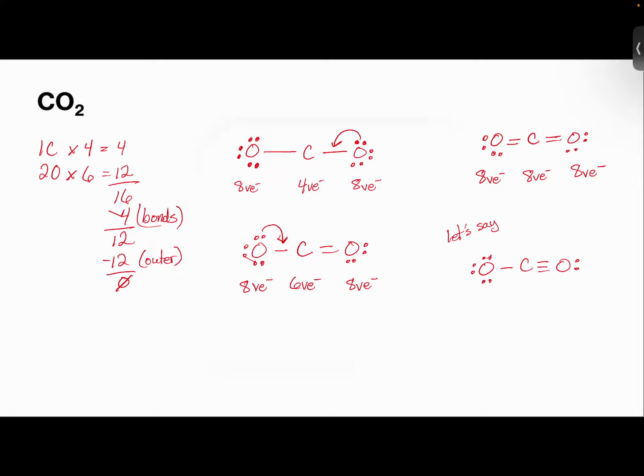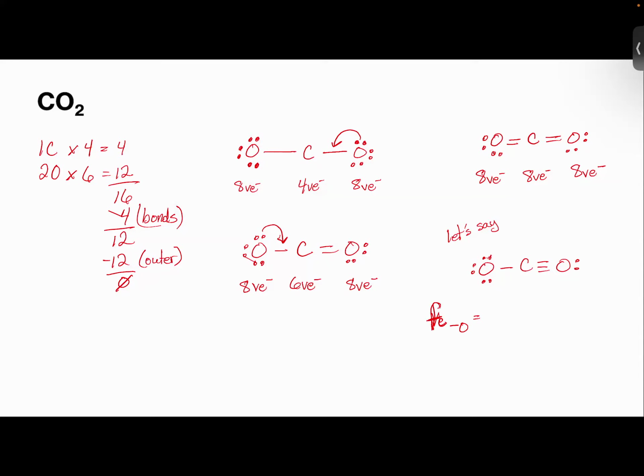Well, the answer to this comes in valence electrons. We can do so. Let's do the valence electrons for our single bonded oxygen. I'm sorry, not the valence electrons, I meant the formal charge. Let's do the formal charge for each of these atoms.